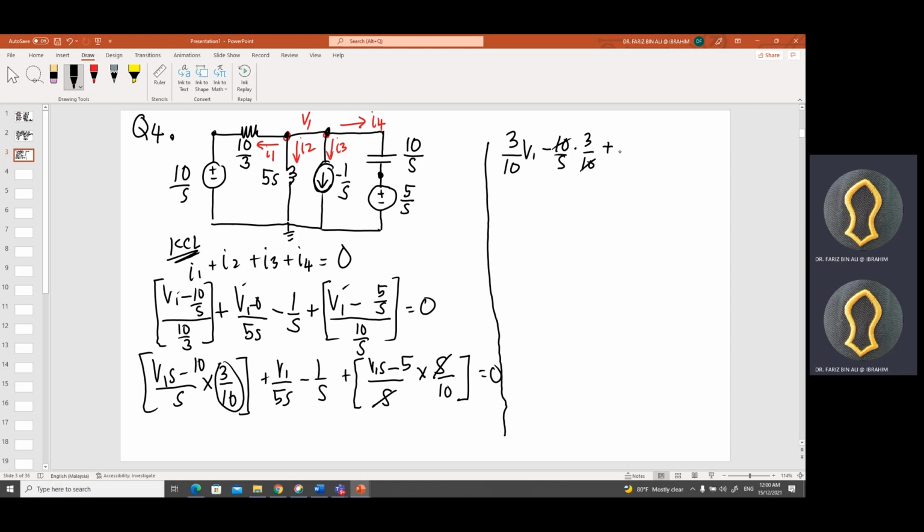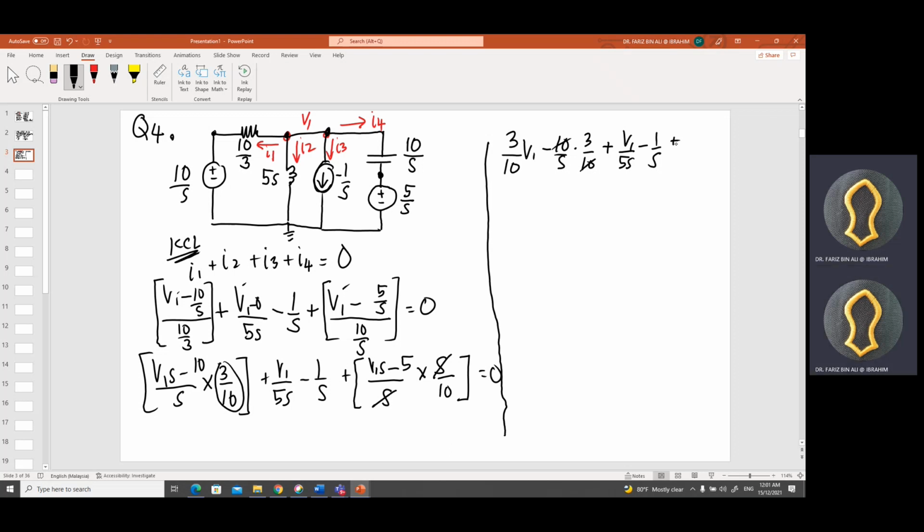Okay, and then plus with V1 over 5S, and then minus 1 over S. Okay, and then the right hand side there, it has plus V1S over 10.